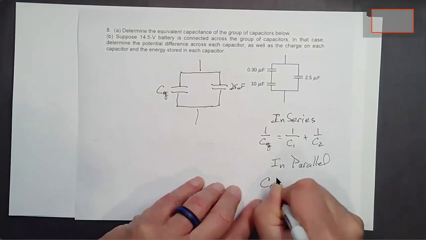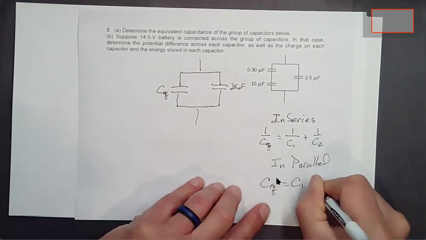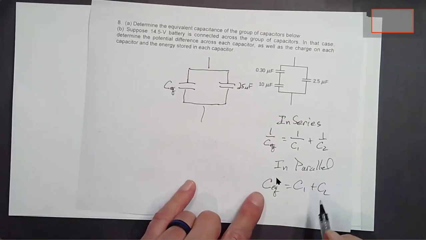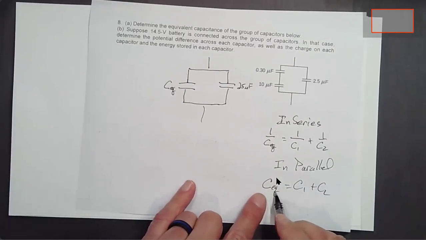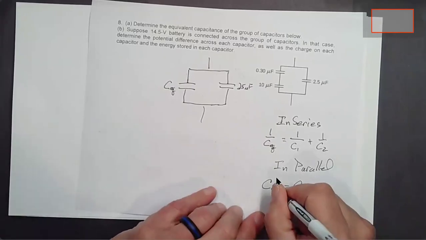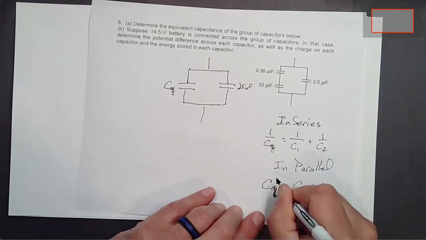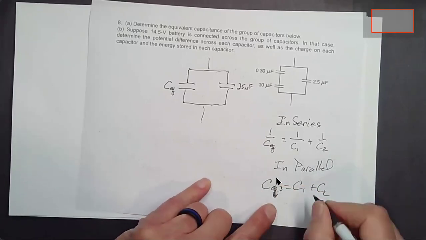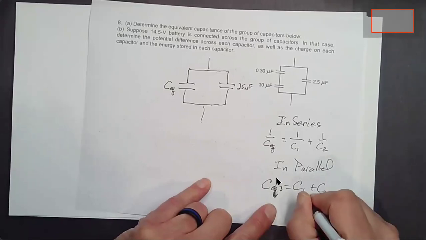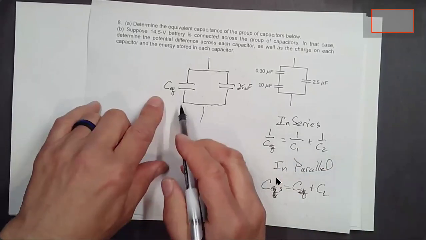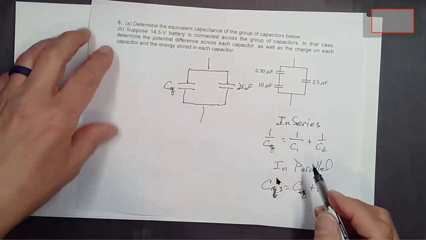C equivalent is just going to equal C1 plus C2. Okay, now this C equivalent is not the same as that C. Maybe I should call it C3 or something like that, is equal to C equivalent plus C2. Okay, but the first thing we need to do is figure that thing out.